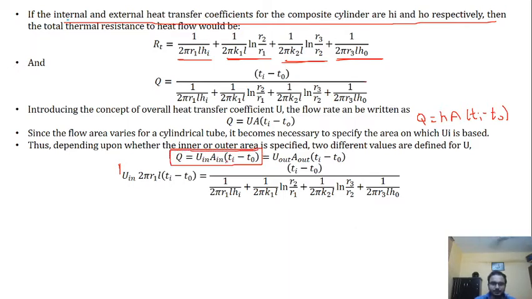And here we have first written the right hand side, U_in as it is. Instead of A_in, we have written 2 pi R1 L, that is the inner area, and the temperature is as it is.